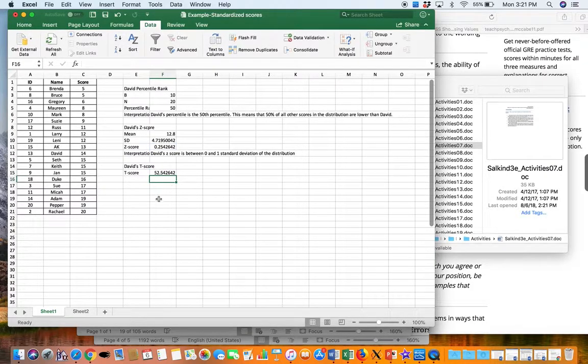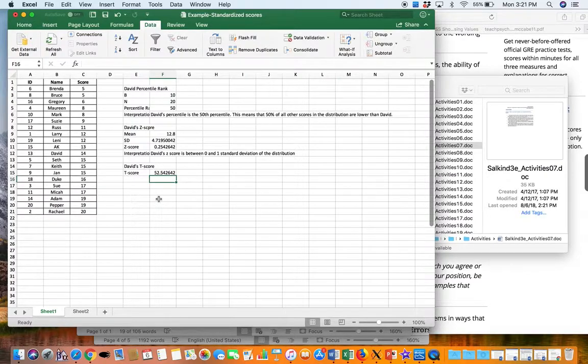And that is a t-score. Now, as opposed to a z-score, which has a mean of 0 and 1 standard deviation, the mean for a t-score is 50, and 1 standard deviation is going to be 10.